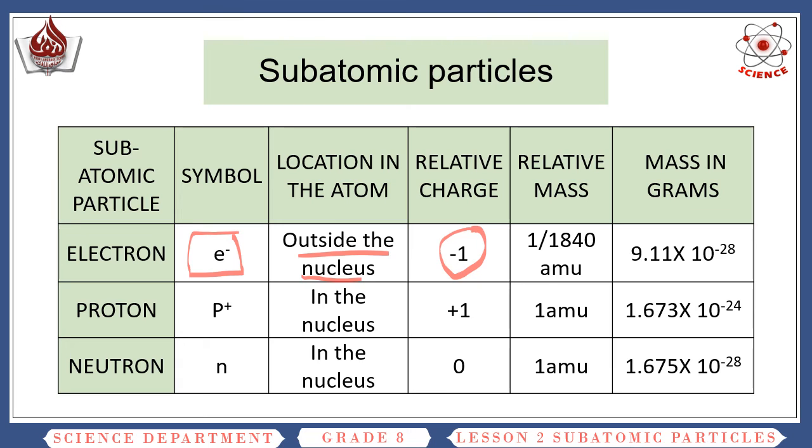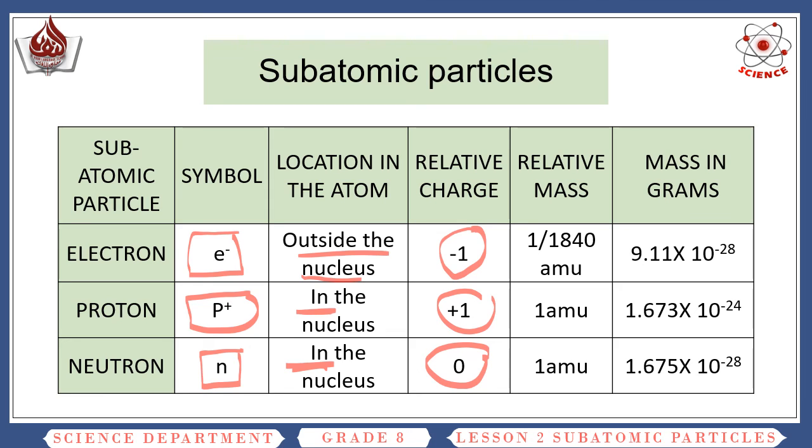Then we have the proton. As we have said before, it's a positive charge particle located inside the nucleus, with 1 AMU mass. And the neutron, at the end, is also inside the nucleus with no charge. Here we have a big difference between proton and neutron.